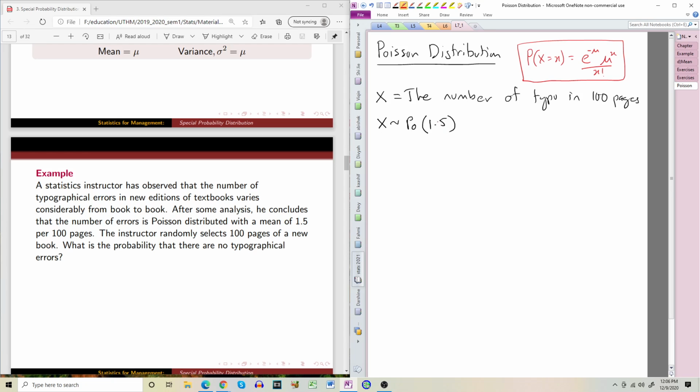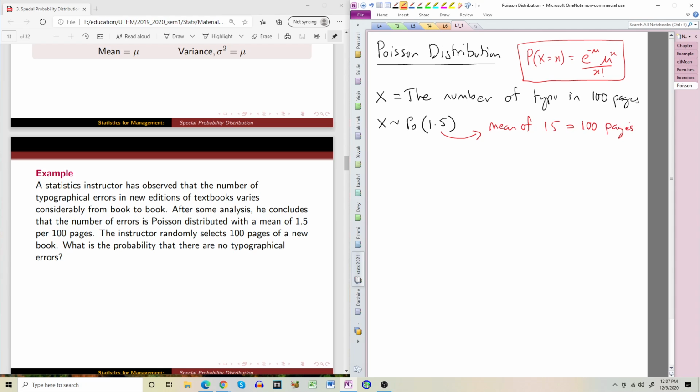Remember, this 1.5 is actually the mean of 1.5 for 100 pages.